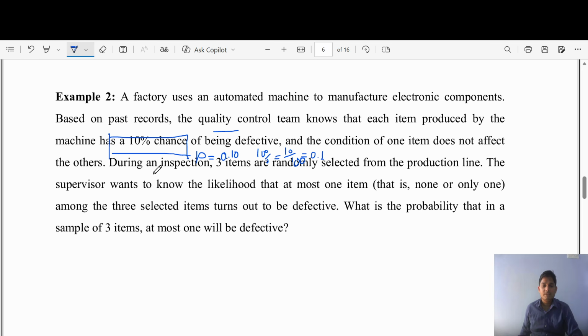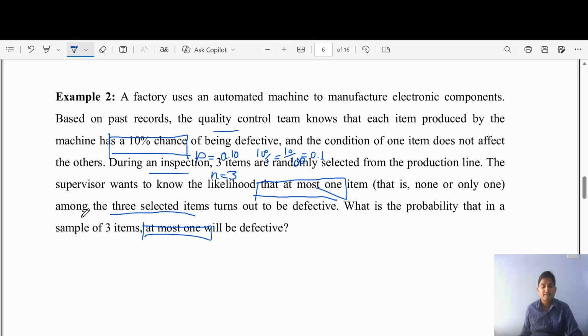During an inspection, 3 items are selected from the production line, so N is equal to 3. The supervisor wants to know the likelihood that at most one item among the 3 selected turns out to be defective. What is the probability that in the sample of 3 items, at most one will be defective?